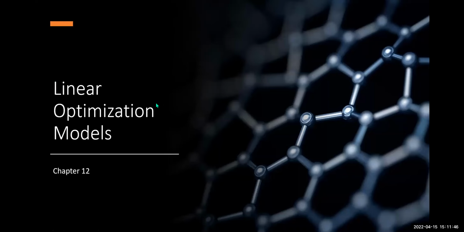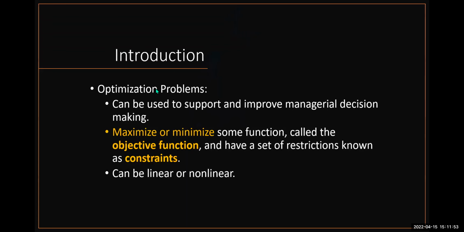Linear optimization is to help a decision maker make the optimum decision, or the best decision. In business, when you want to make a decision, the objective is normally to maximize or to minimize.